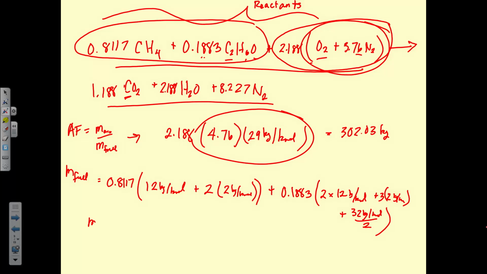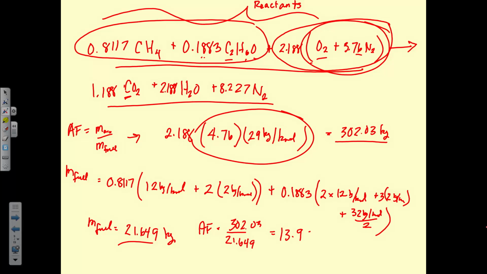Okay, so the mass of the fuel is equal to 21.649 kilograms. So now we find this air-fuel ratio, 302.03 divided by 21.649 gives us a value of 13.95.